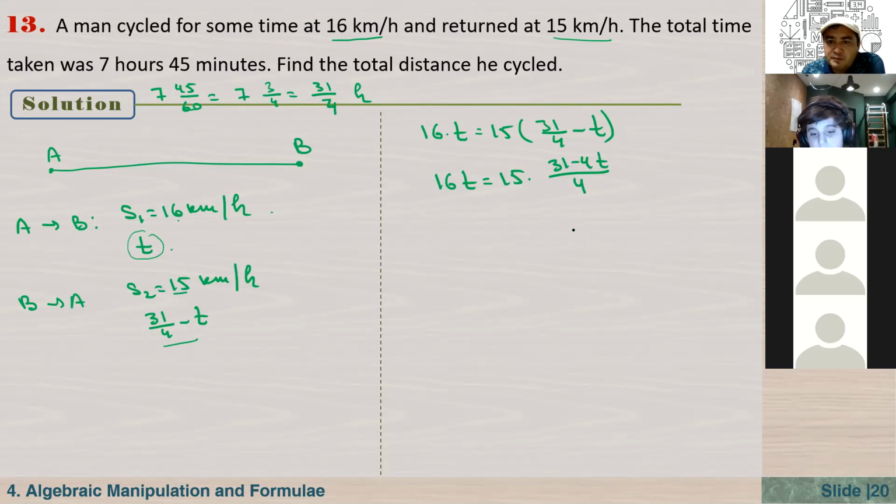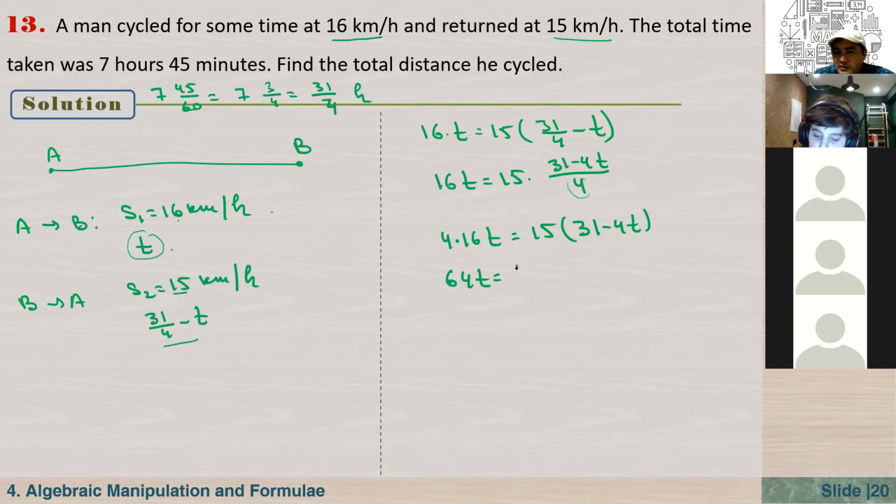Now if I multiply both sides by 4, I have here 4 times 16t, and here we have 15 times 31 minus 4t. I just take this 4 to the left hand side. 4 times 16t, that is 64t. On the right hand side, 15 times 31. 30 times 15 is 450.